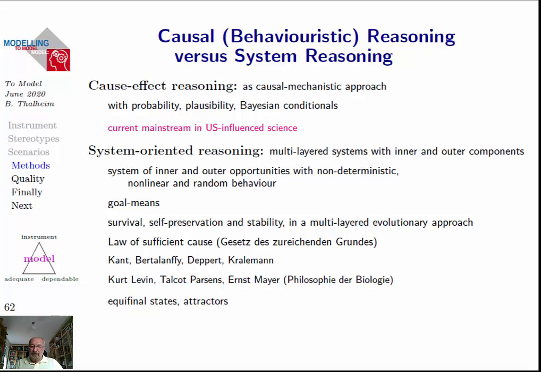Typically, system-oriented reasoning is based on multi-layered systems with inner and outer components, with observable components and non-observable components, with some kind of non-deterministic, non-linear or random behavior models. And you might have goals and maybe laws.